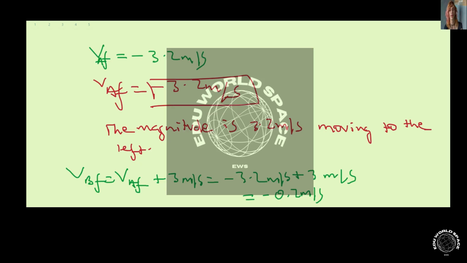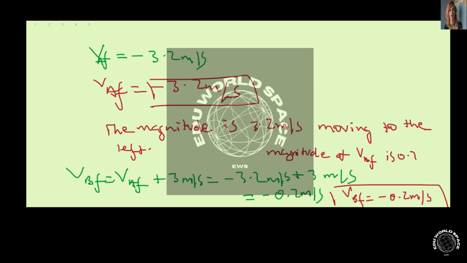So then we finalize this by saying the magnitude and direction of the final velocity of A is negative 3.2 meters per second. In terms of numbers, you could say the magnitude of final velocity of B is 0.2 meters per second, and it's moving to the left.